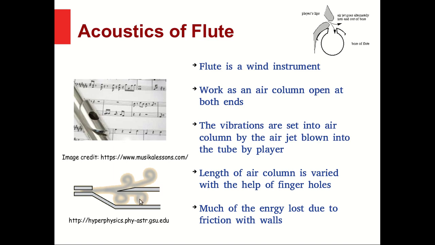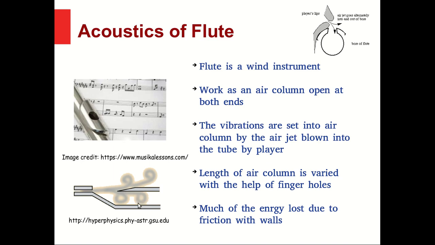Have you seen these jets somewhere else? Like, if you remember cigarette smoke, that cigarette smoke enters into the atmosphere with some spiraling motion. So you can just imagine that motion as an air jet.